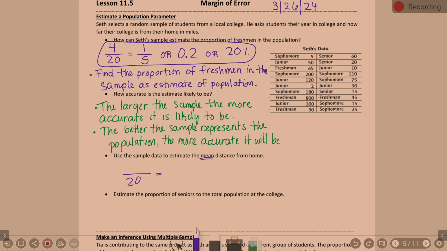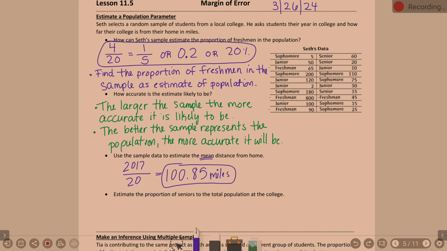Okay, what did these numbers total up to when you added them? Anyone know that? 2017. When you do 2017 divided by 20, you get 100.85, and that label would be miles. Again, that's an estimate, right? We're using the sample data to estimate. Is that accurate?